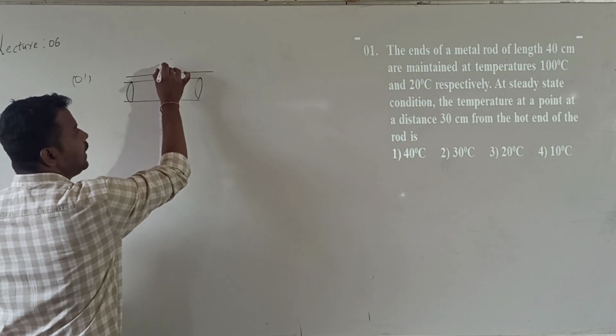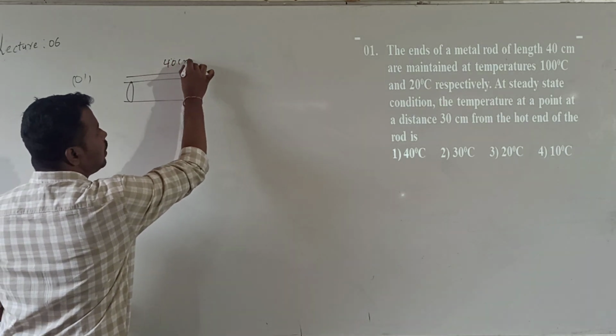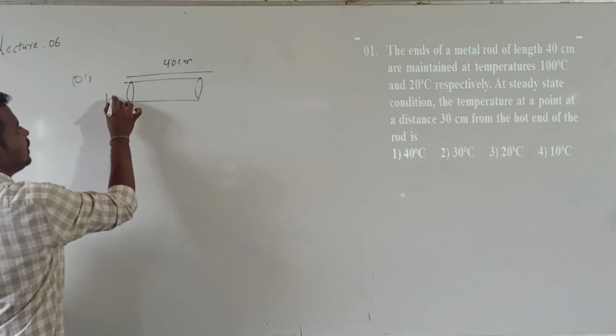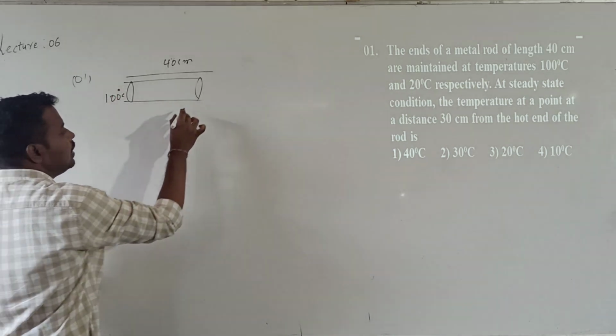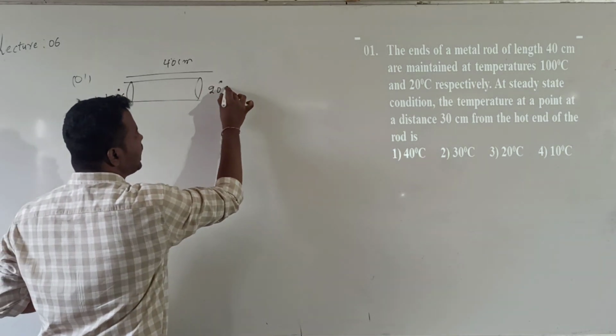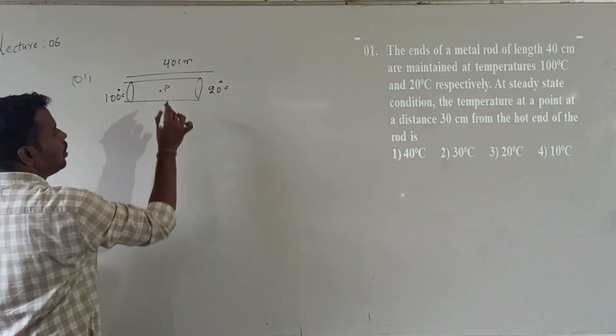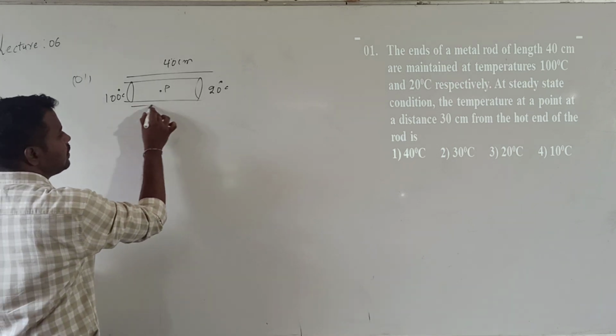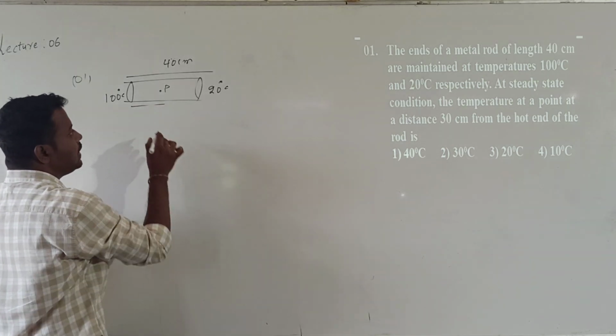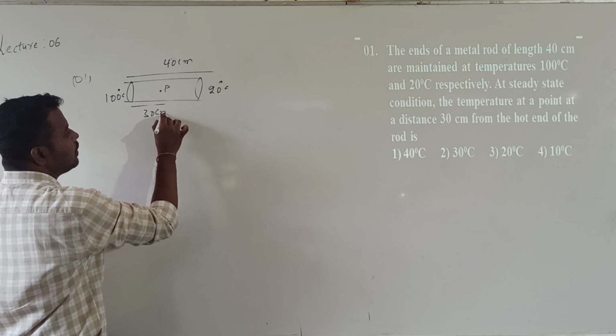One end is maintained at 100 degrees Celsius, the other end at 20 degrees Celsius. They are asking us to calculate the temperature at a point which is at a distance of 30 centimeters from the hot end.